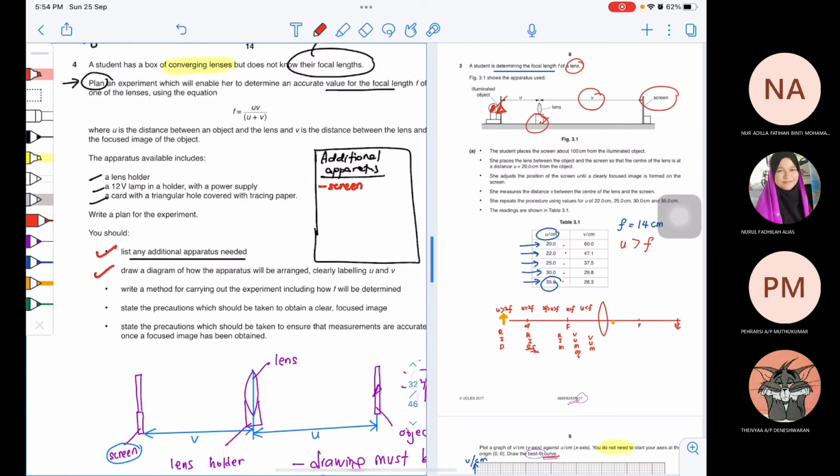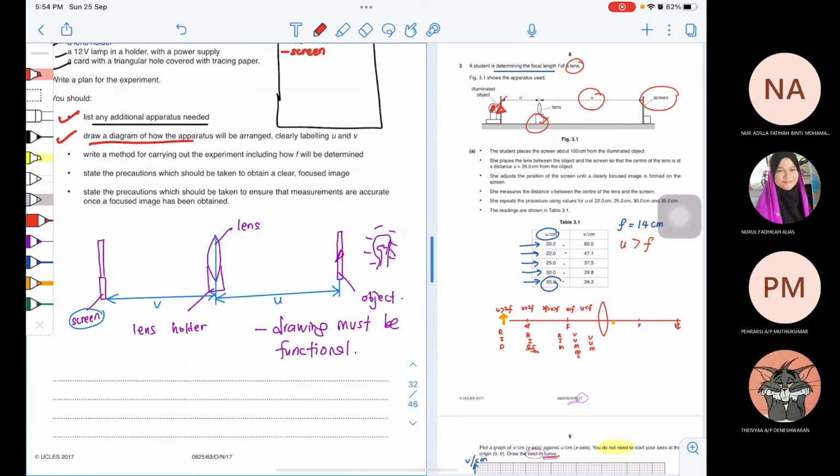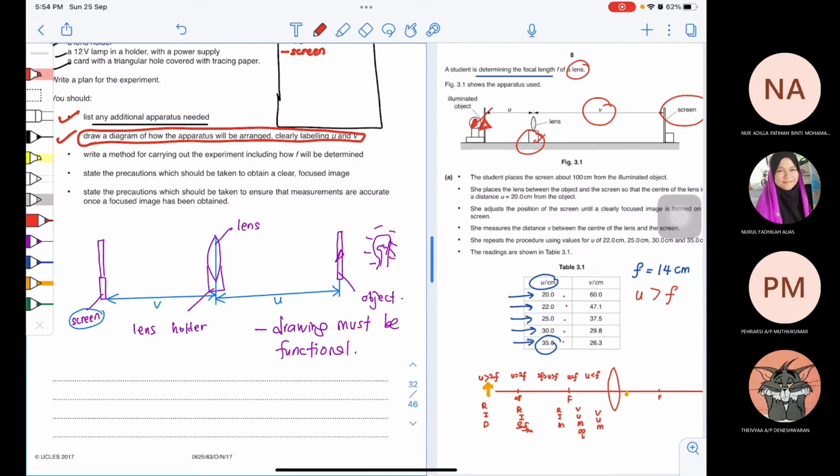Next, draw a diagram of how the apparatus will be arranged. Here you have to think for yourself. In other years the question is like this. What I'm trying to say is the experiment is not that difficult. Sometimes you get a very strange experiment you have never done or read, but sometimes, if you are lucky, you get a simple one. So you can draw like this. Then write a method of carrying out the experiment including how F will be determined.